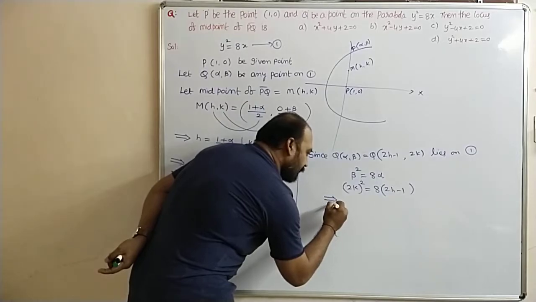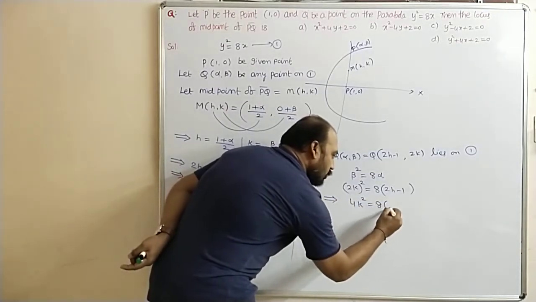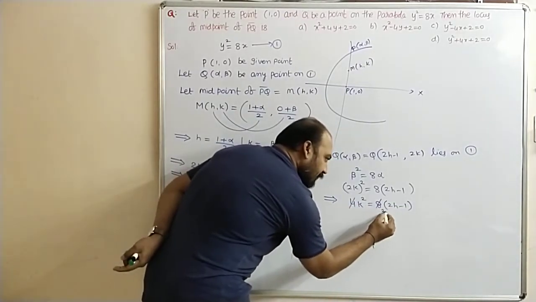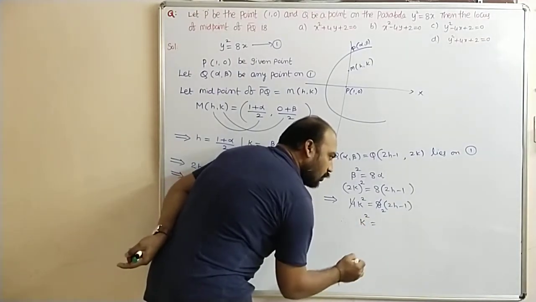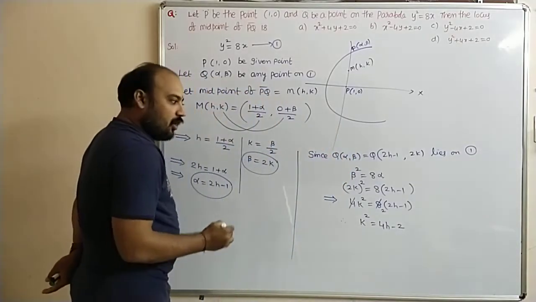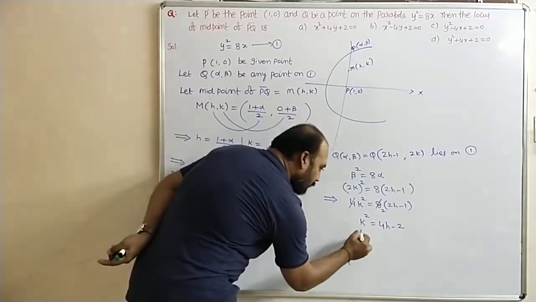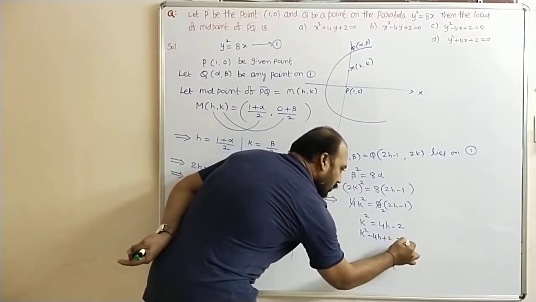That implies 4k square is equal to 8 into (2h minus 1). 4 ones are 4, 4 twos are 8. Therefore we will get k square equal to 4h minus 2. After that, taking these values to this side, k square minus 4h plus 2 equal to 0.